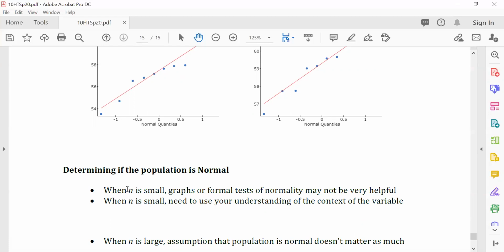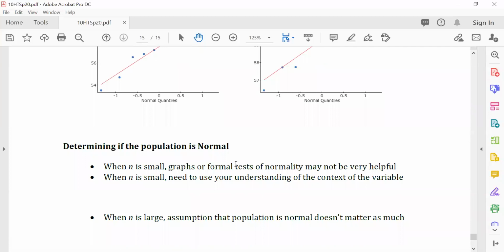But we mentioned when we talked about the assumptions of the t-test that this normal assumption is quite robust. That is, even though your normal assumption is violated a little bit, it is still giving you a pretty good result. So when your n is small and you can't really tell whether it follows a normal distribution or not, you need to read and understand the context of the variable.